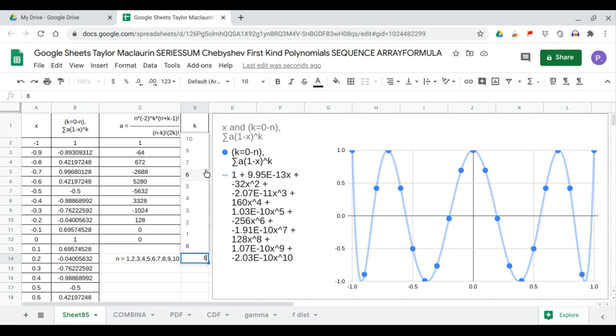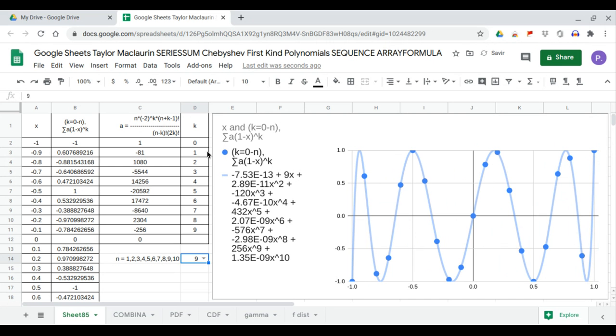And if n equals 9, y equals 9x minus 120x cubed plus 432x to the 5th minus 576x to the 7th plus 256x to the 9th.